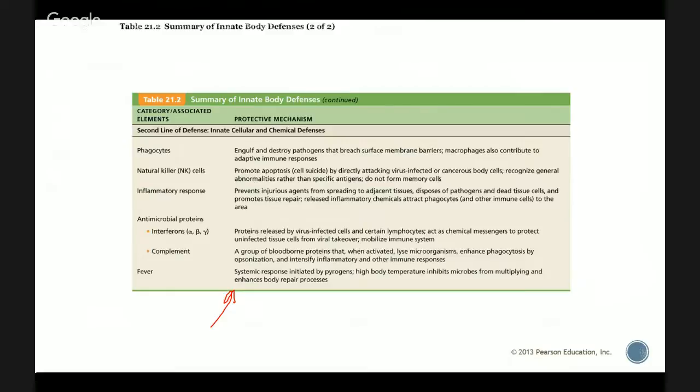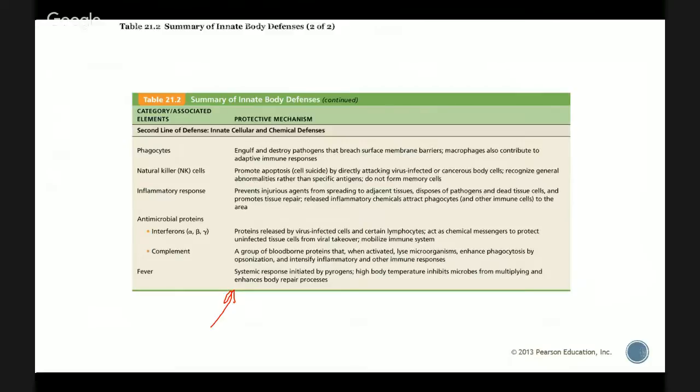And when they get released into the body's fluids, in the blood specifically, they trigger a change in the hypothalamus. The hypothalamus is what regulates our body temperature. And so when these pyrogens get to the hypothalamus, it's going to say, hey, we need to increase body temperature. And so we get an increase of body temperature.